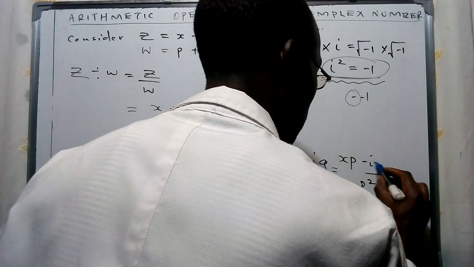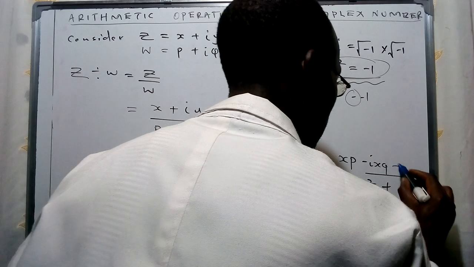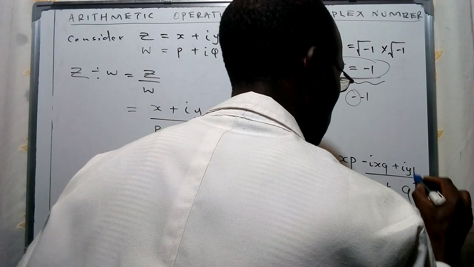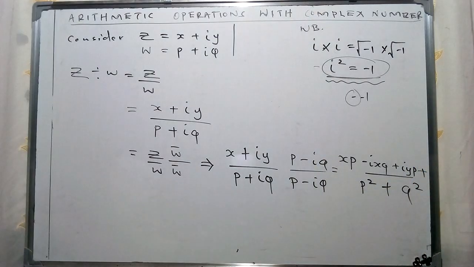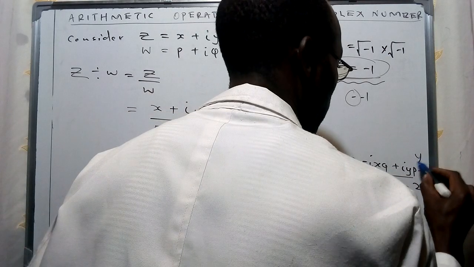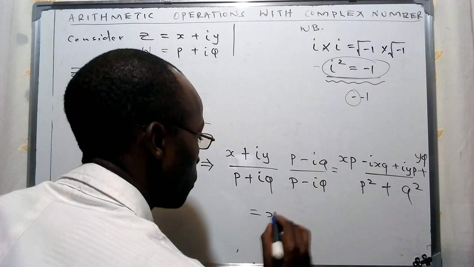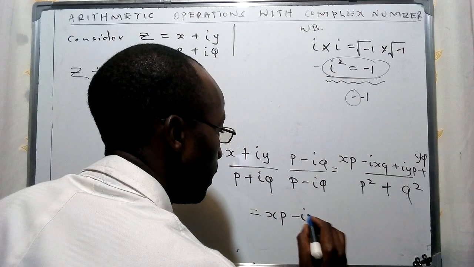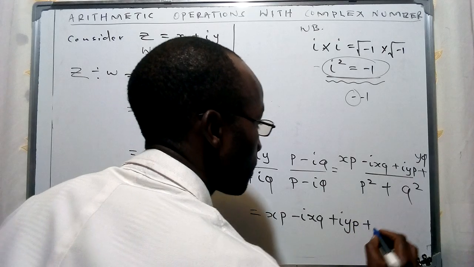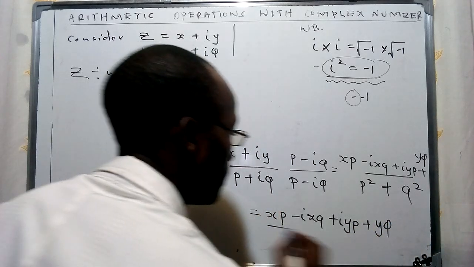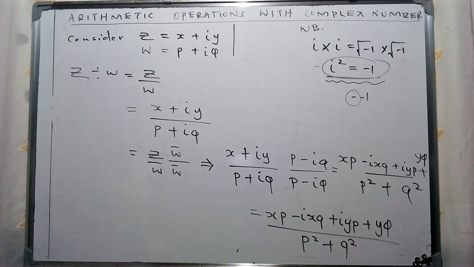But from my end, I'm finding a negative imaginary unit xq plus the imaginary unit yp, and then plus the last part, which is yq. So this forms the product xp minus imaginary unit xq plus imaginary unit yp plus yq, all over p squared plus q squared, those two specific factors which we have given.